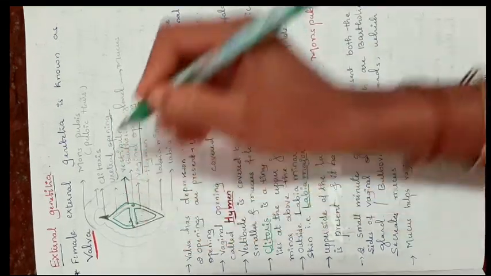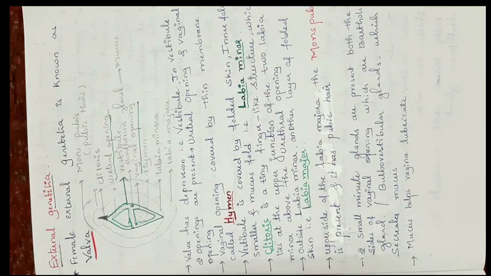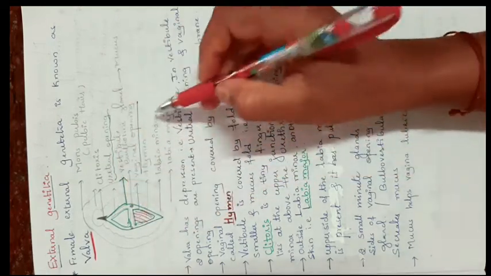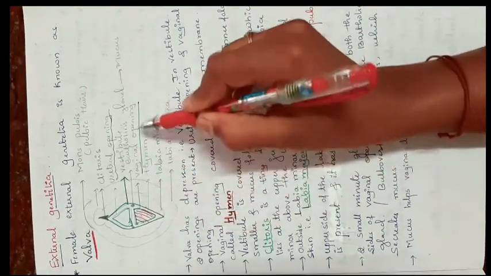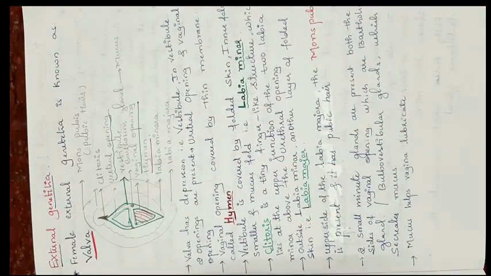The vaginal opening is covered by a thin membrane called the hymen. We already discussed this. This hymen layer is present only in virgin females.